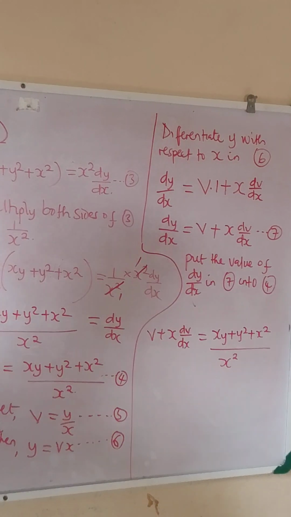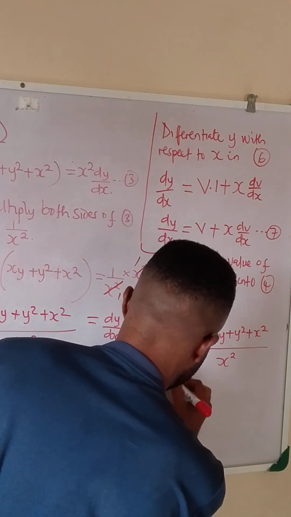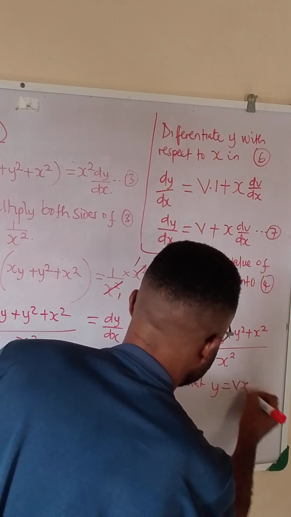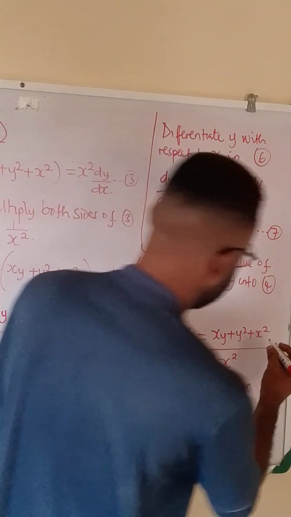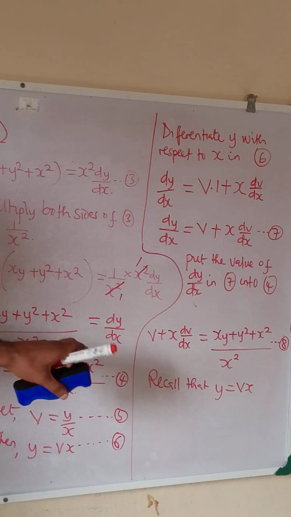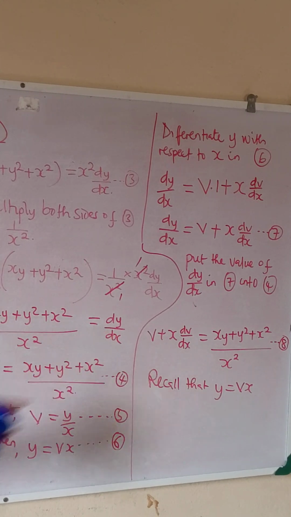So now recall that y equal to vx. So what this implies is anywhere we see y in, let's call this equation 8. Anywhere we see y in equation 8, we substitute that value with vx.